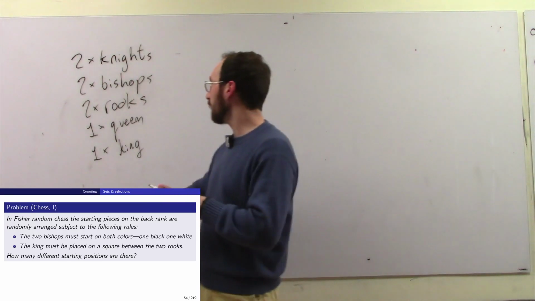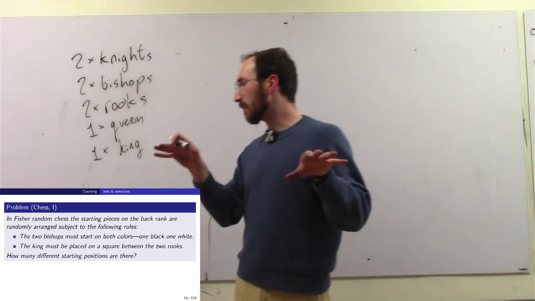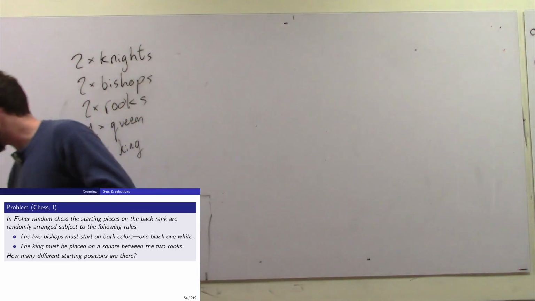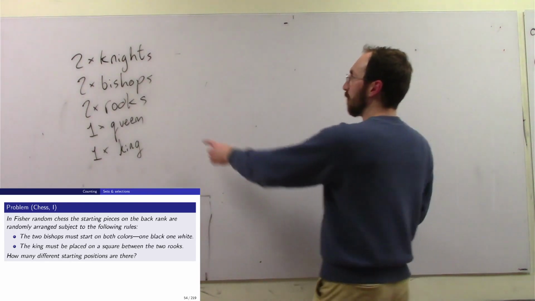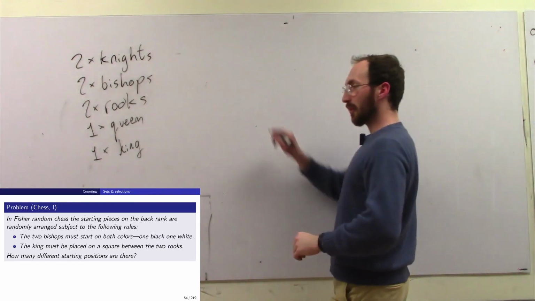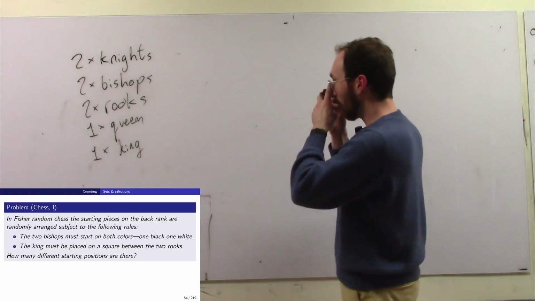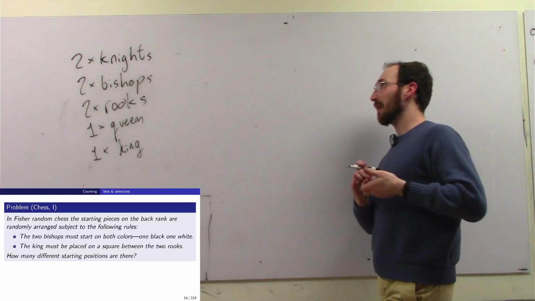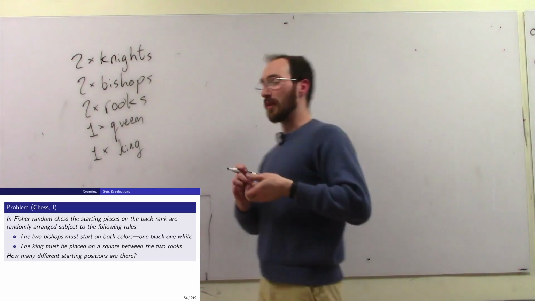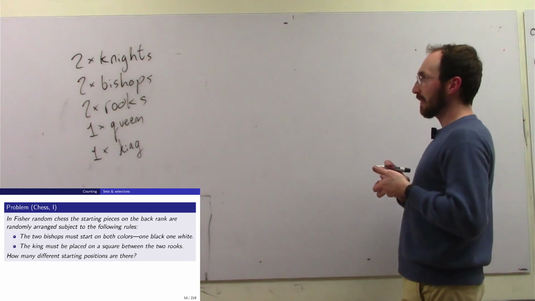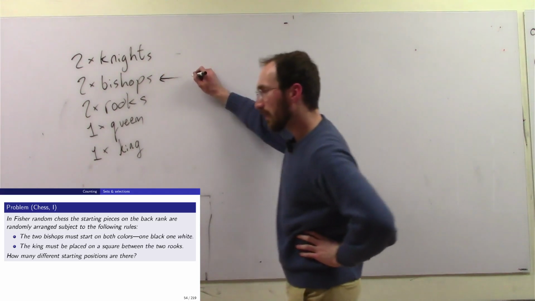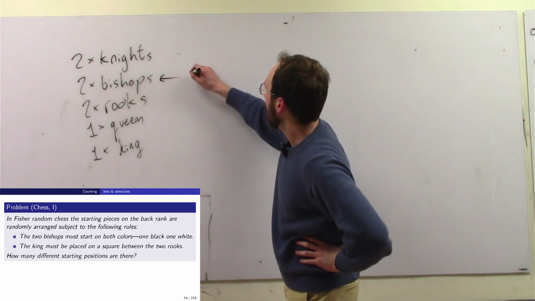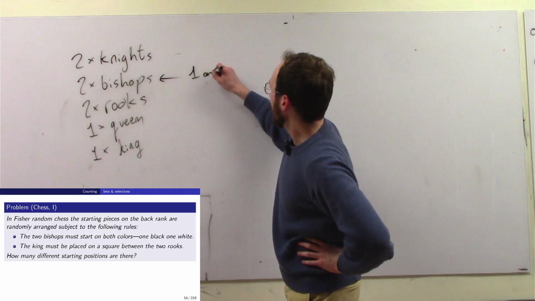We can put our pieces wherever we want so long as these 2 things happen. Our bishops can only ever go diagonal, so we want to make sure that they can go on the 2 different diagonals. You have your white and black diagonals, so we have them one on each color.